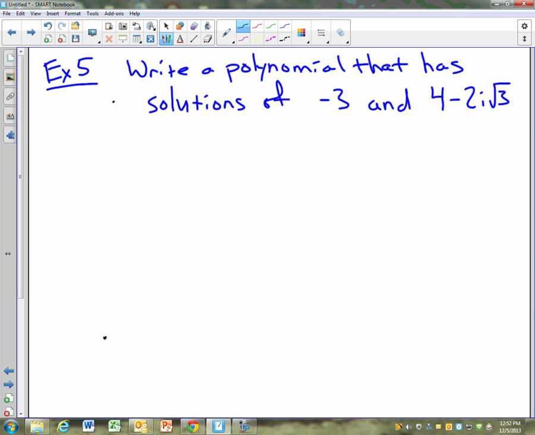If I have solutions to the polynomial and I have one of them that's complex, complex solutions always come in pairs. And the pair is the conjugate. So if I have 4 minus 2i roots of 3, I also have 4 plus 2i roots of 3. You know that that's going to be the case.